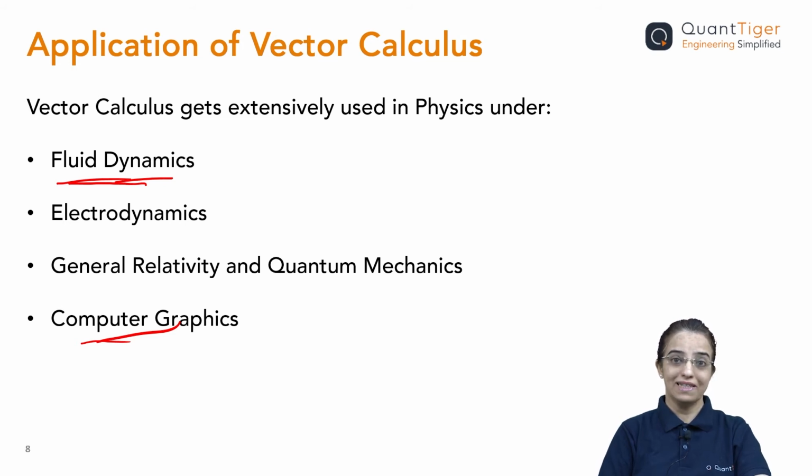Right now I have just listed that it gets applied in fluid dynamics and all these fields. So it's a very important topic or chapter in real life also, because it gets applied almost everywhere.